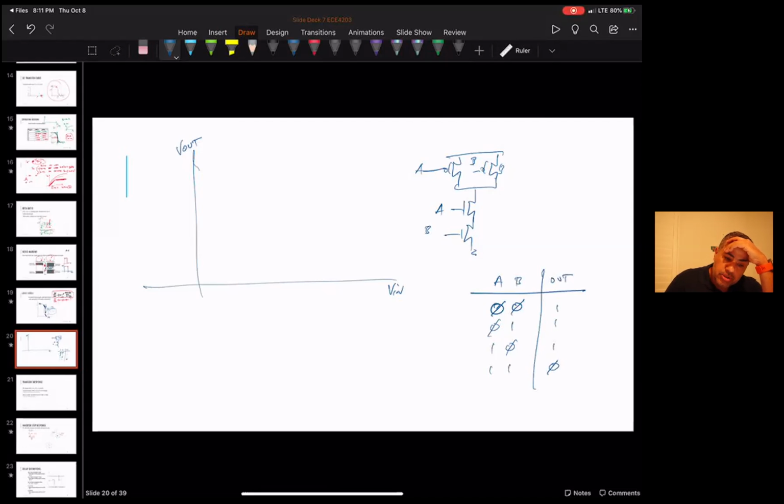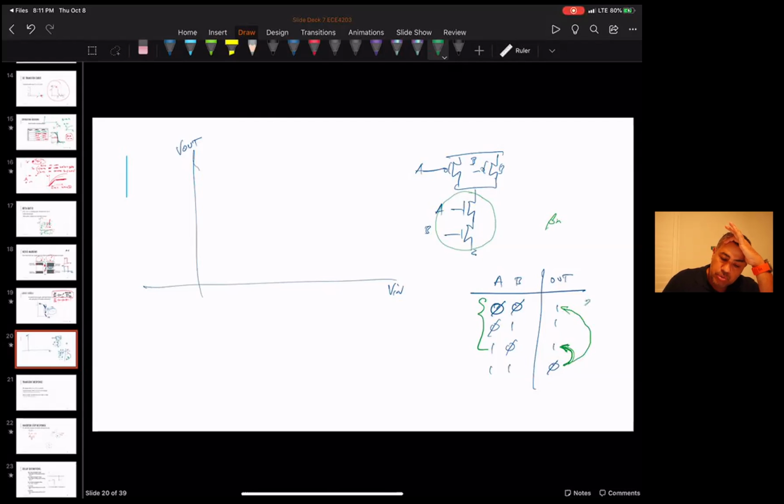So the problem is there's more than one way to go from a 0 to a 1. Notice that when I go from a 0 to a 1 here, a 0 always has both of these NMOS on, so you always have the same beta N essentially, regardless. But the beta P depends on whether you're going from here to here or here to here.